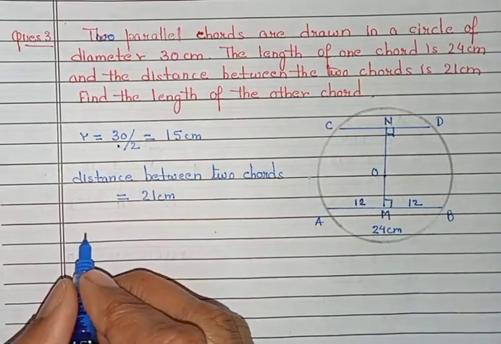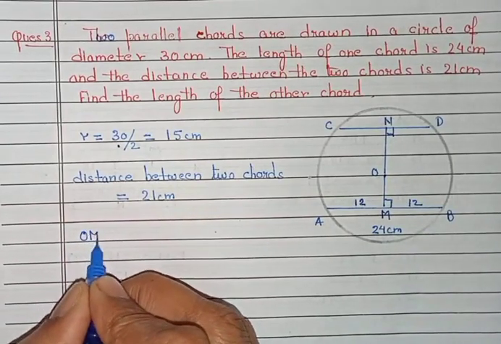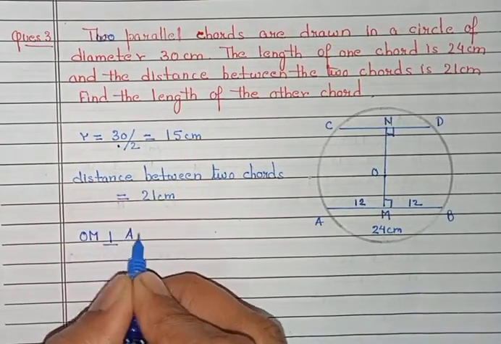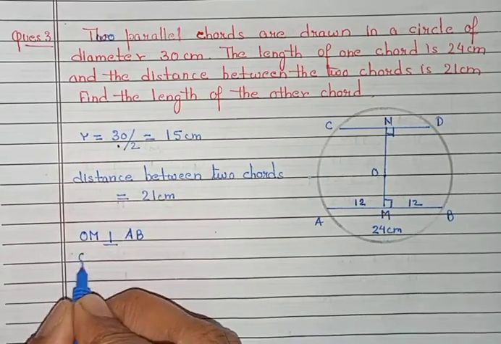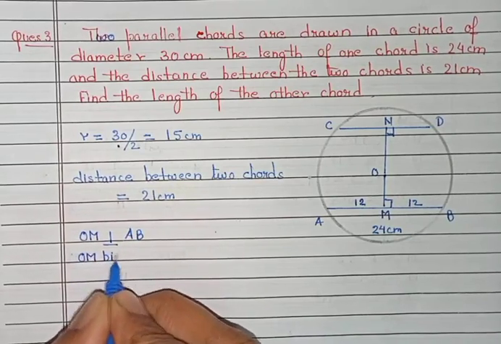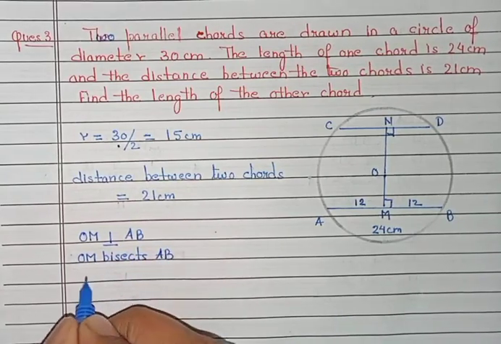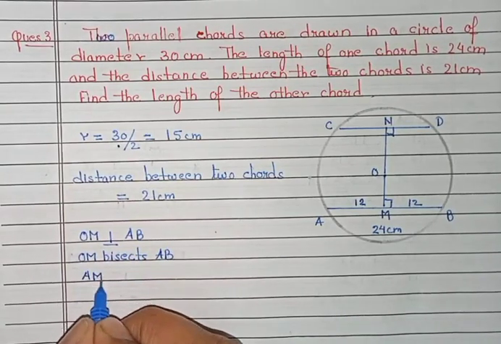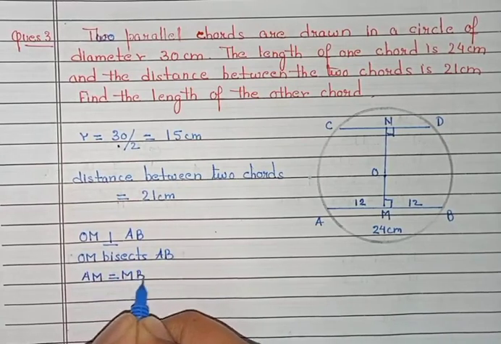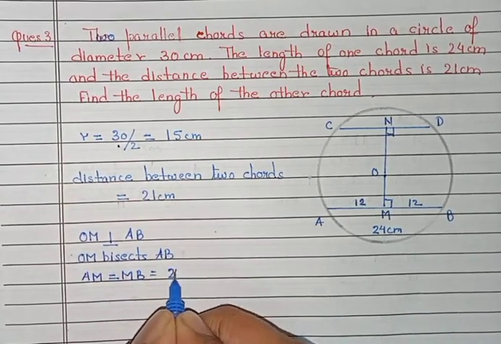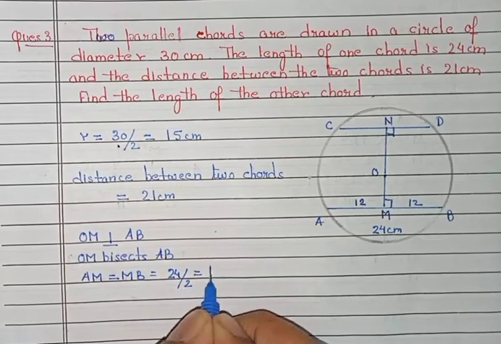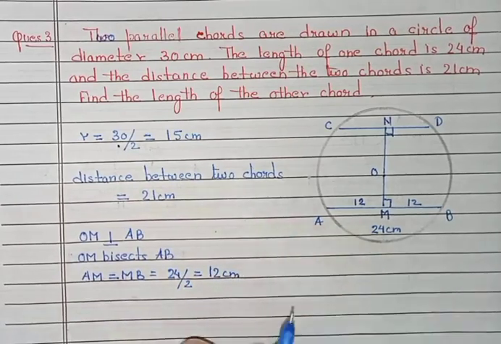So we will mention it here. OM is perpendicular to AB. So OM bisects AB. So we can say AM is equal to MB. That will be half of 24, that is 12 centimeter.